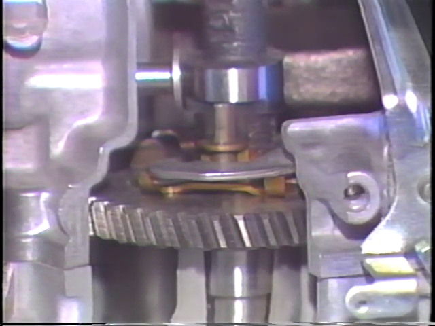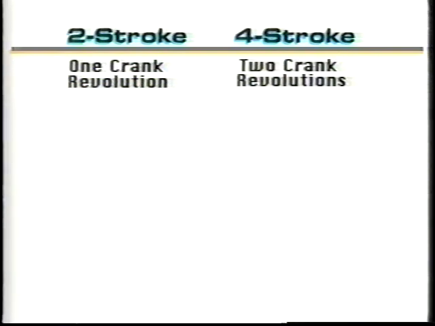operates normally. To summarize the differences between 2- and 4-stroke cycle engines, a 2-stroke only requires 1 crankshaft revolution to produce a complete cycle, whereas a 4-stroke requires 2 complete crank revolutions to produce a power stroke. As a result, 2-stroke engines start more easily.